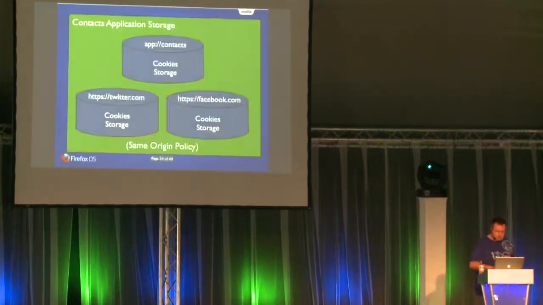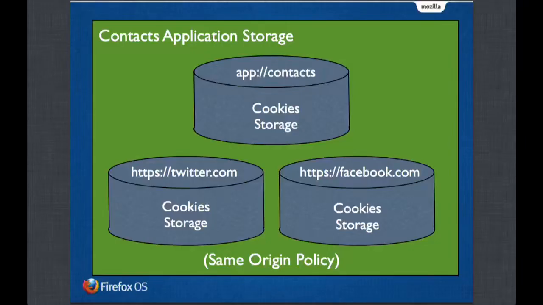And even within the storage per app, we make sure that it really tightly follows the permission model that you're already used to from websites. So if you have a website that, for example, embeds something from Twitter or from Facebook, you can normally not access the content of those frames and the cookies of those websites that you embed. And we follow that exact same model in Firefox OS.